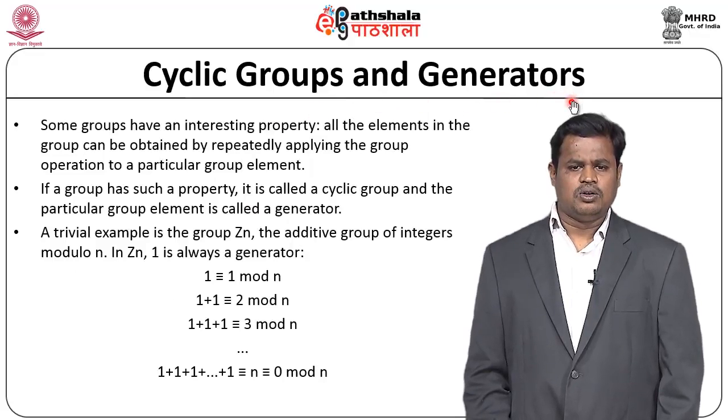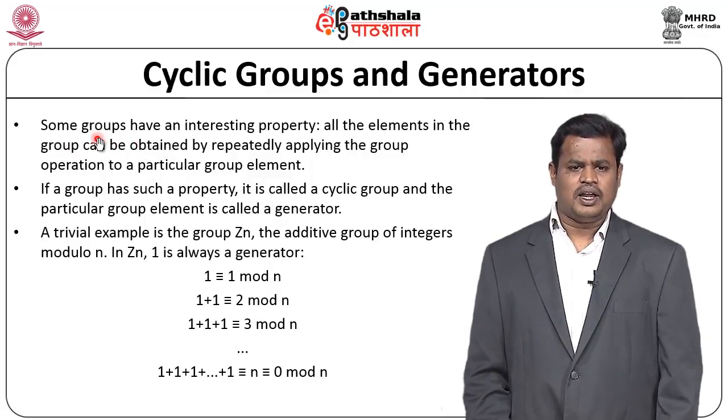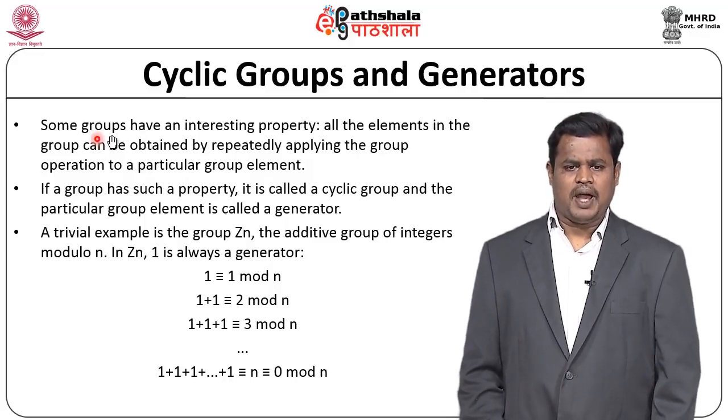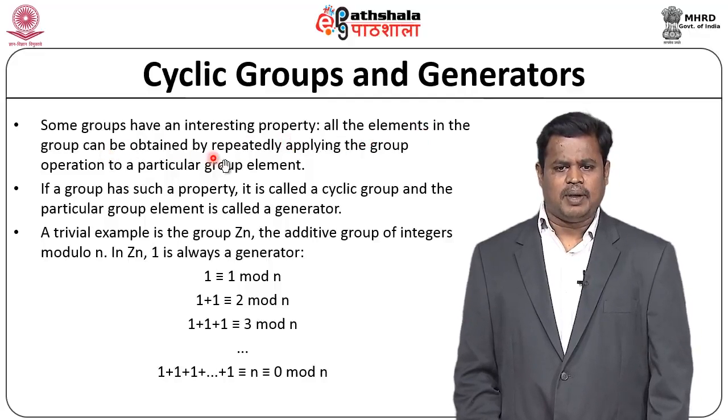So, what is a cyclic group and what is a generator? How can we identify a generator? We know the group is one of the components of abstract algebra, where a group has an interesting property. All the elements in the group can be obtained by repeatedly applying the group operation to a particular group element.